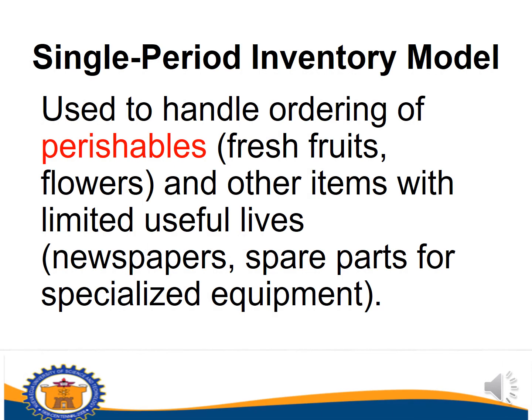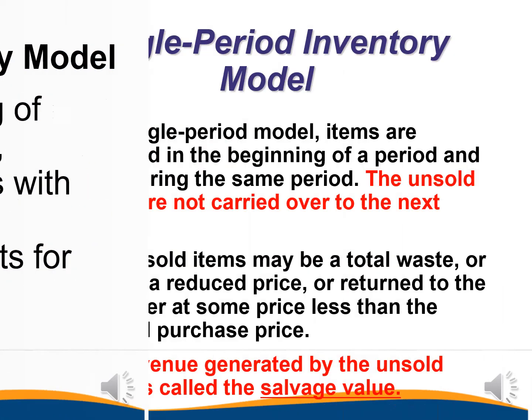So let's move on to another model, which is the single period inventory model. It is used to handle ordering of perishables. That's why it is single period, like fresh fruits, flowers, and other items with limited useful lives, newspapers, spare parts for specialized equipment.